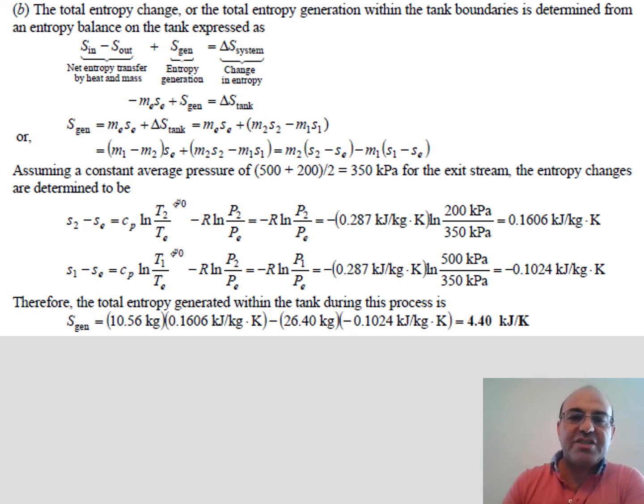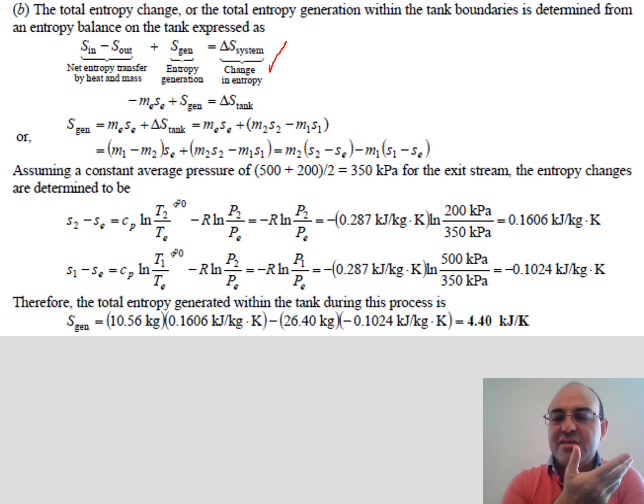Okay, so again we start with the same general equation: S in minus S out plus S generation is equal to delta S of the system. For steady flow processes, this delta S is 0. In this case, this is not 0. So entropy in minus entropy out. Is there any entropy coming in?